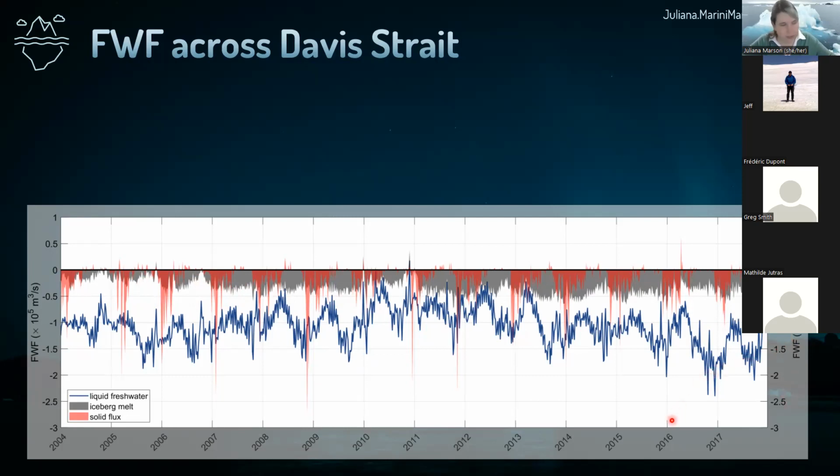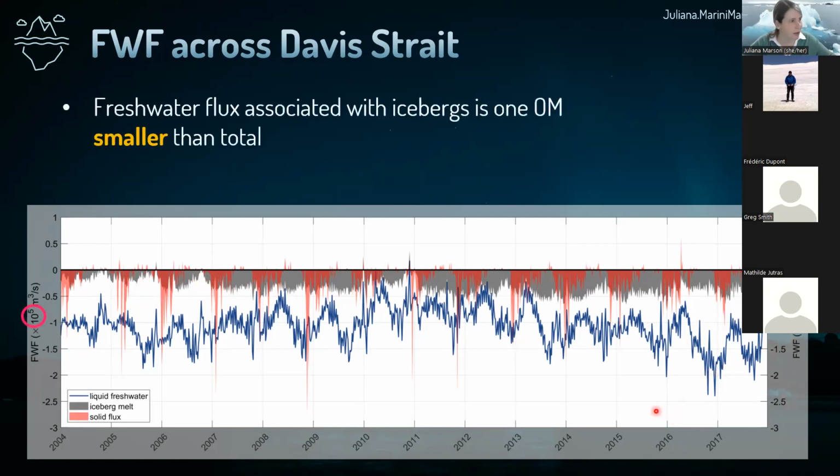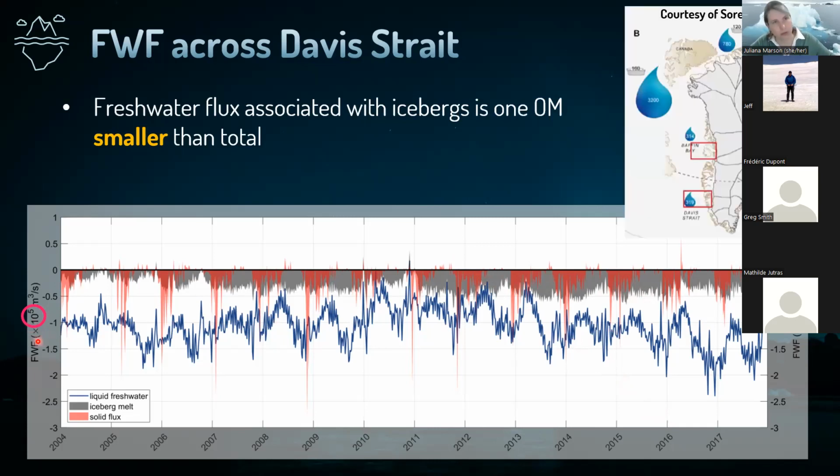The first thing that we notice is that the freshwater flux associated with icebergs is one order of magnitude smaller than the total freshwater flux. That's not super surprising, since we know that most of the freshwater that crosses the strait comes from the Arctic, and just a smaller portion is really coming from the Greenland Ice Sheet.